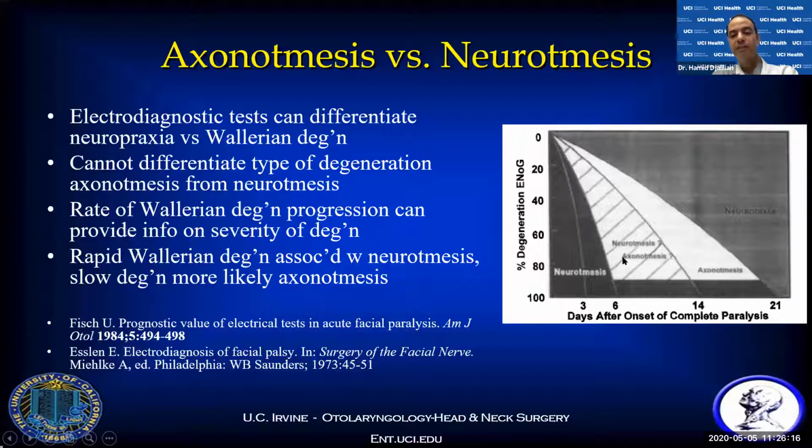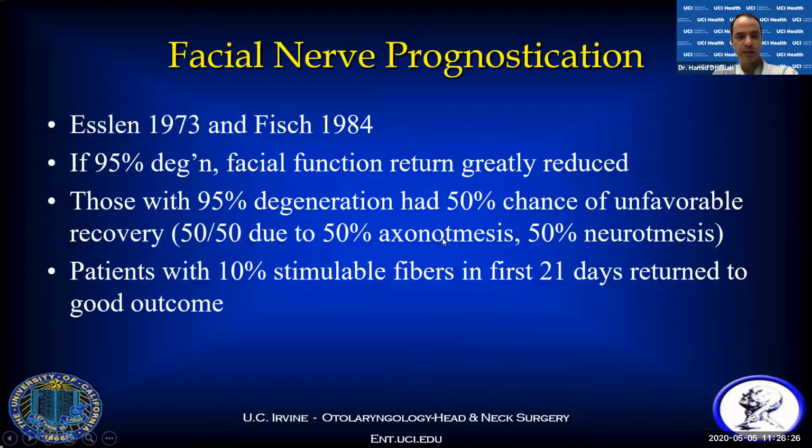And the reality is it's about half and half. The people who are in this zone, half of them will end up getting poor outcomes and half of them will end up getting good outcomes. And we'll talk about that next. This is a couple of papers from Fisch and Esslen, who worked together. With 95% degeneration, facial nerve function return is going to be very poor.